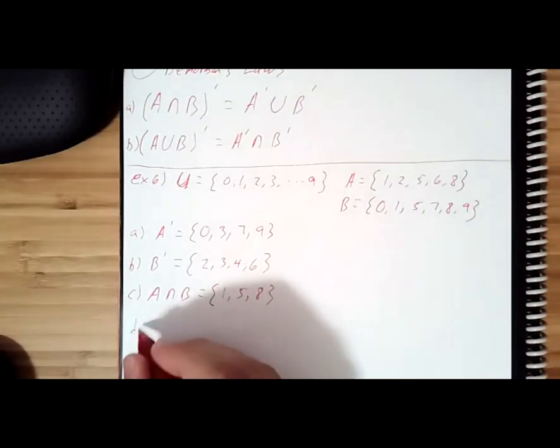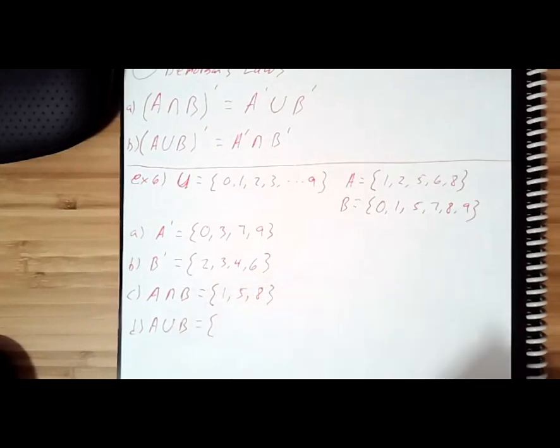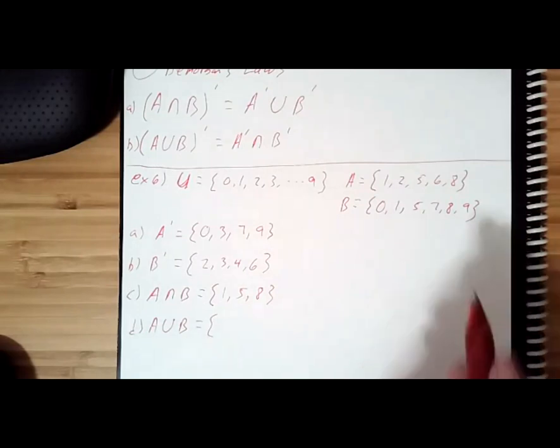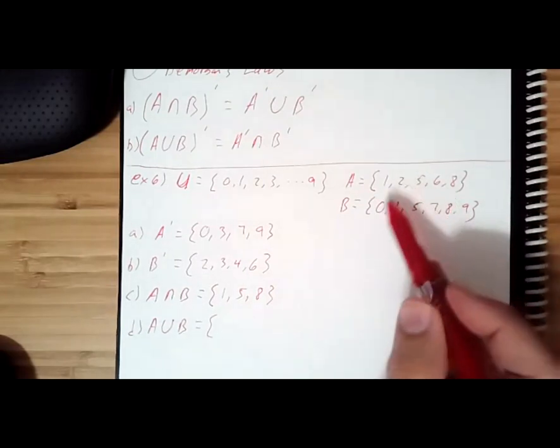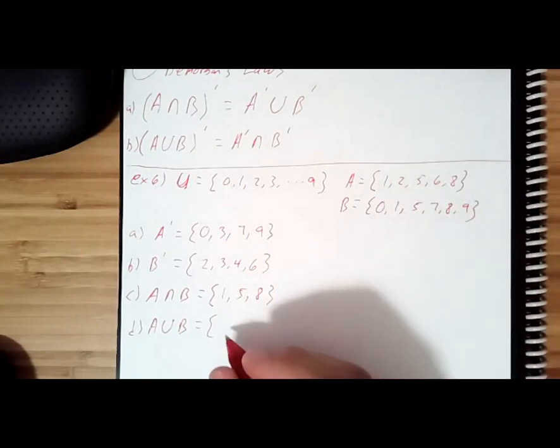Okay. Now, if you combine them together, union, without repeating anything, what is the new set if you combine these two together? Wouldn't it be 0? What do you mean, like the numbers 0, 1 without doubling it?